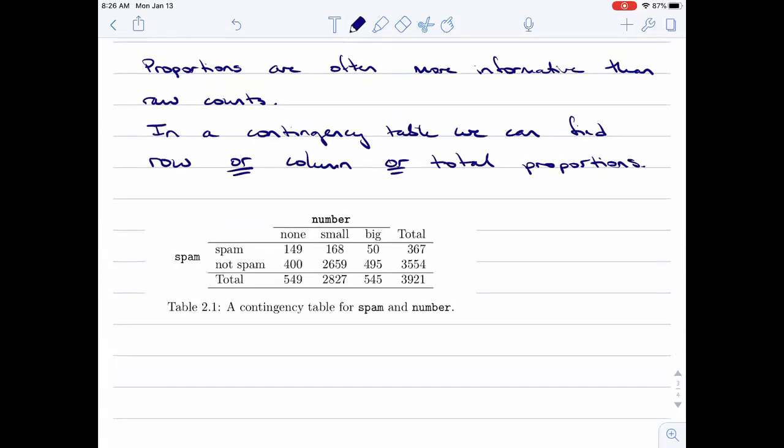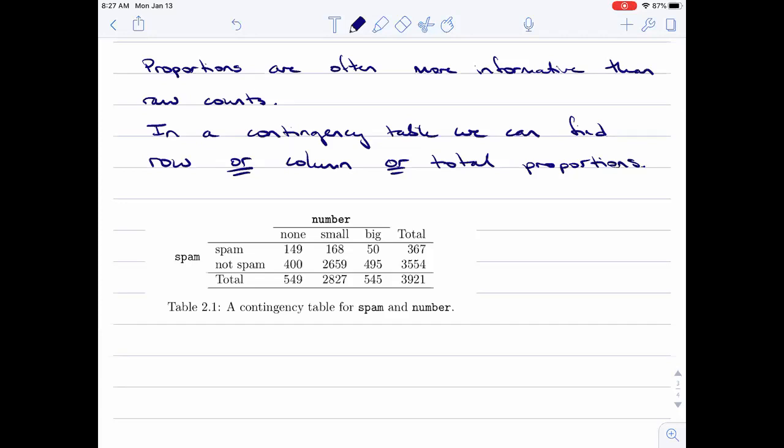There's 149 emails that were classified as spam that had no numbers in it, right? So there were no numbers appearing. There were 168 spam emails that had a small number in them, I think less than 1 million or something.